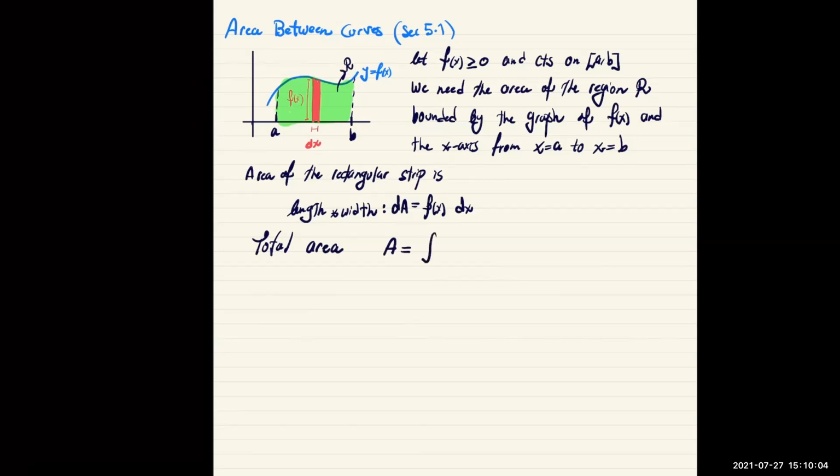It's the integral from a to b of f of x dx. Think of this as summing all these areas. So again, the integral of f, as long as f is positive, gives you the area of the region bounded by the graph of f and the x-axis from a to b. Nothing surprising. We already knew this.